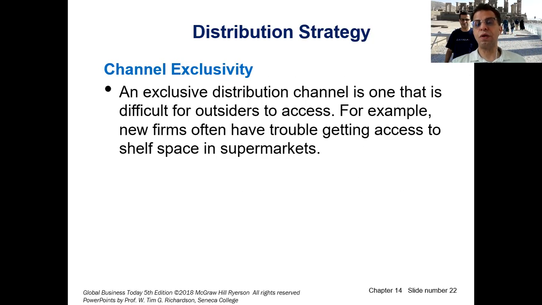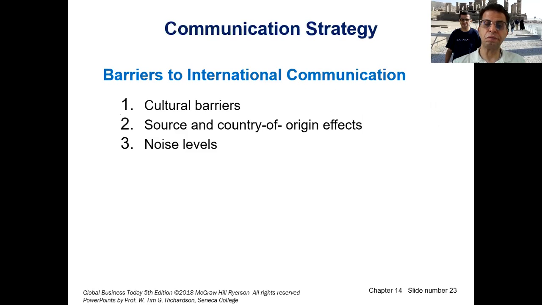There is what you call channel exclusivities. An exclusive distribution channel is one that is difficult for outsiders to access. For example, a new firm often finds difficulties to enter a supermarket, to put their product on the shelf of the supermarket. Now, when it comes to communication, which is part of marketing, communication is not the whole of marketing, but part of it.